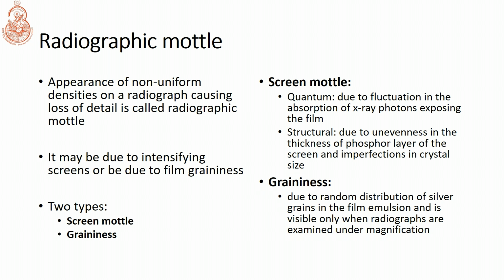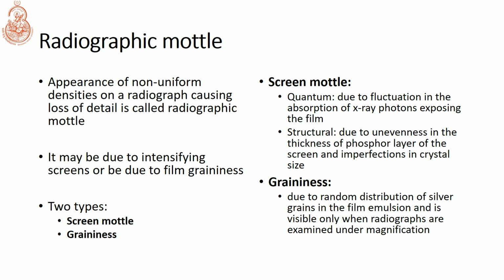The next factor is the radiographic mottle. It is nothing but the appearance of non-uniform densities on a radiograph, causing loss of detail, which is called a radiographic mottle. And it may be due to the intensifying screens, or may be due to the film graininess.